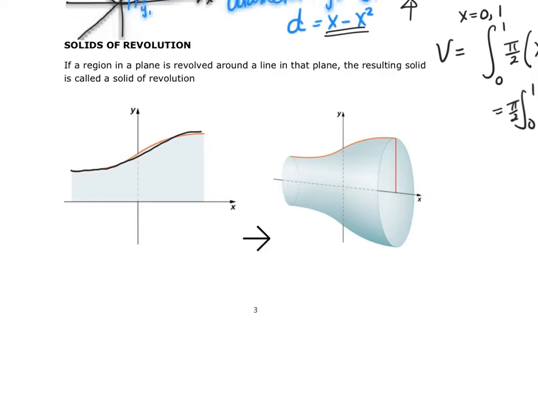In this particular case, I want to revolve it around the x-axis. Once I revolve this around the x-axis, I end up with this funnel shape. If I were to slice along that funnel shape, it's going to be a circle, because of the way it's being revolved.